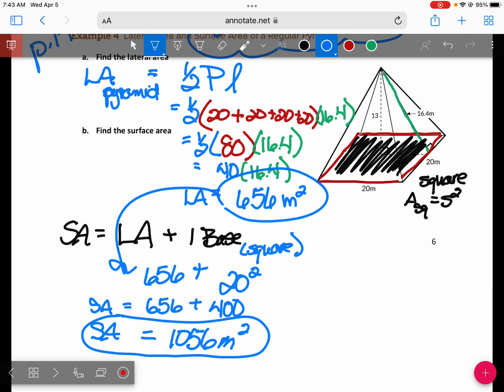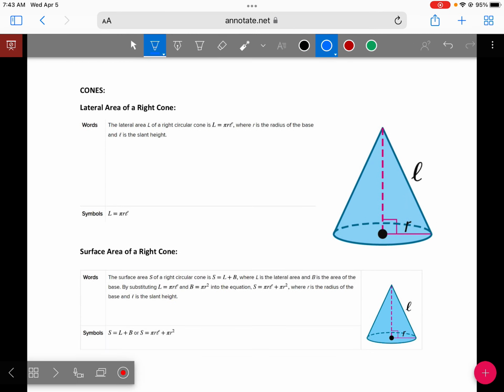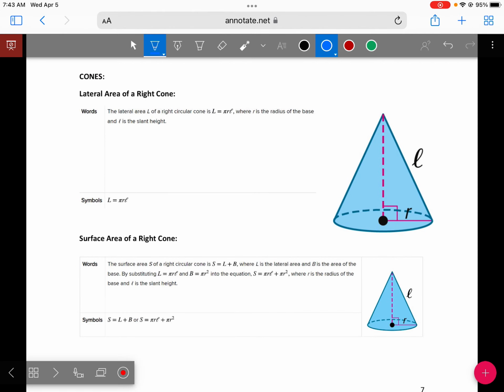So for surface area, I always say find the lateral area and then add your base or bases, depending upon what it is. Okay? All right. Are we ready? Can I move on? Let's go to, skip the check here, where it talks about a cone, the lateral area of a right cone.